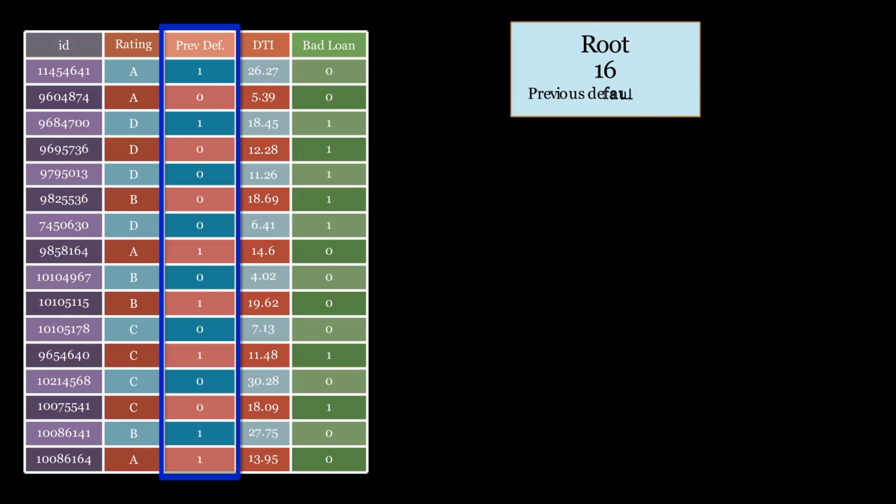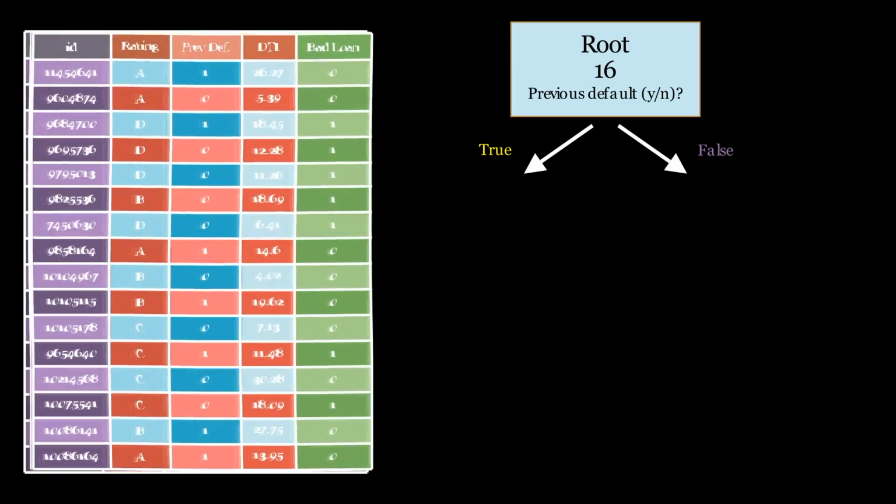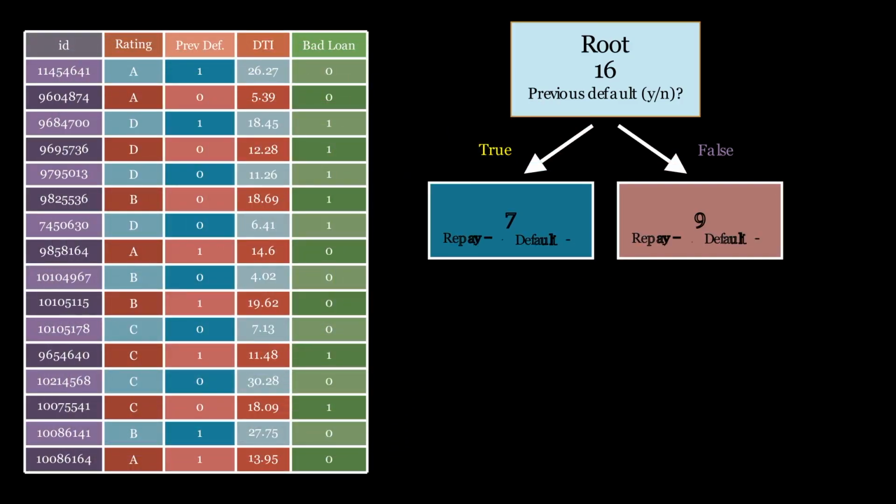Let's start with this defaulted flag, as it's the simplest. In this sample, there are 7 borrowers that have previously defaulted and a total of 9 borrowers that haven't. Looking through the records of the previous defaulters, we can see that 5 of these repaid their loan, while only 2 of them defaulted for an additional time. In the other path, we have 4 repayers and 5 defaulters.